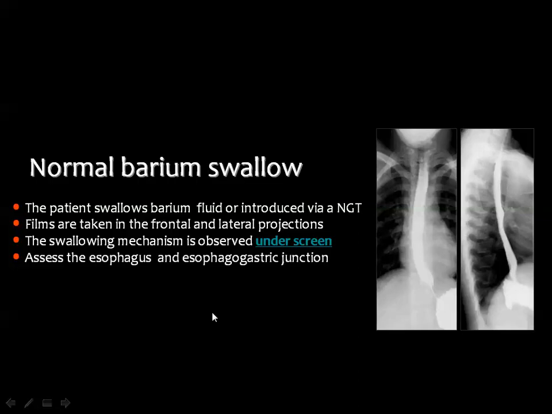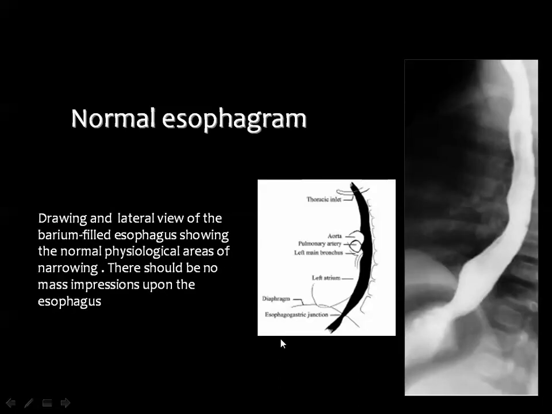Or if the child can swallow, we can give him the barium preparation so he can swallow. Then we should look for the passage of the barium through the esophagus under screen control, and we have projections in the frontal view, in the lateral view, and maybe in the oblique views to look at the esophagus from different aspects.